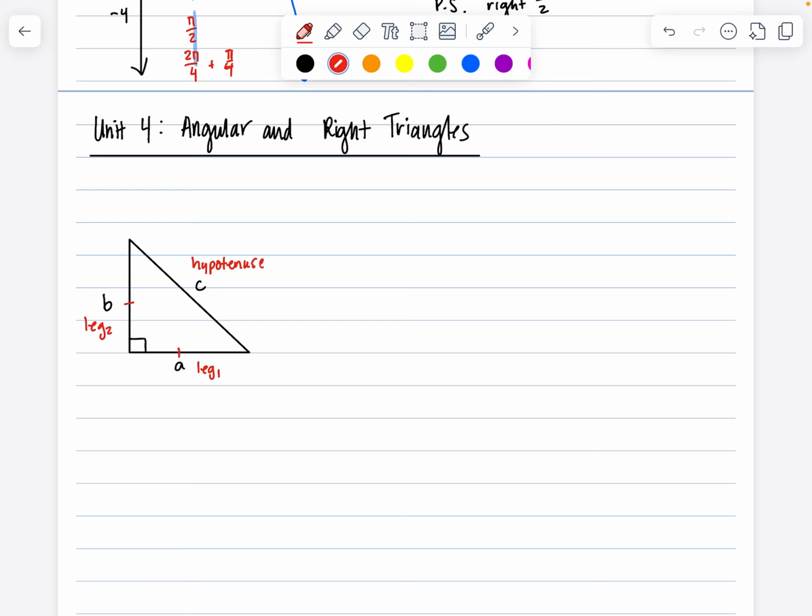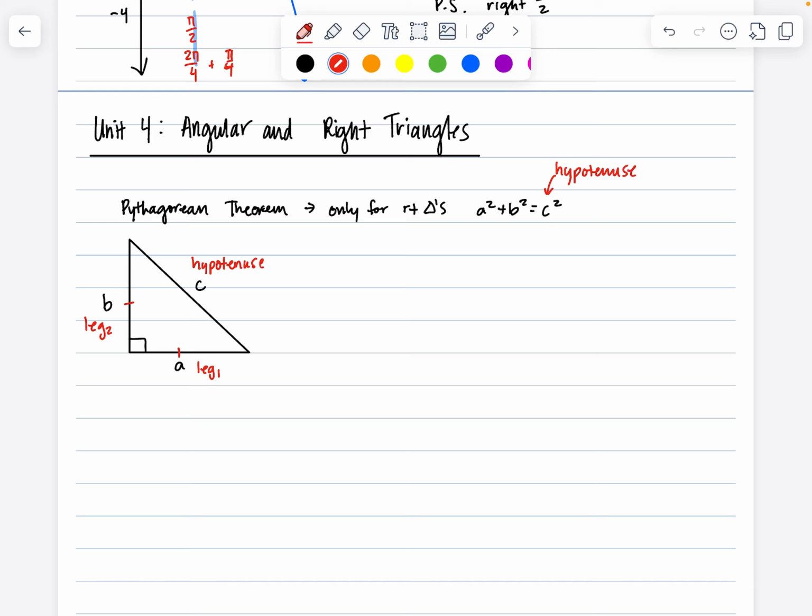Okay? And as we know the Pythagorean theorem, hopefully we recall, the Pythagorean theorem is only used for right triangles, where a squared plus b squared is equal to c squared, where c is the hypotenuse. So that is an important feature, that this is always the hypotenuse.